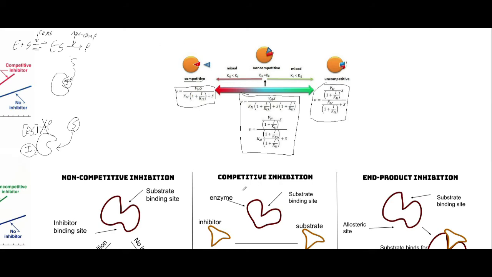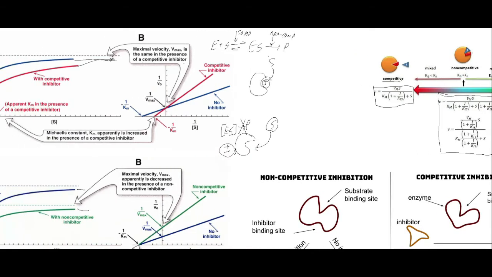And using inhibitors is used in science just for doing kinetics assays. Sometimes you have an enzyme that just works too fast, and so you might want to compete with it in order to slow it down.